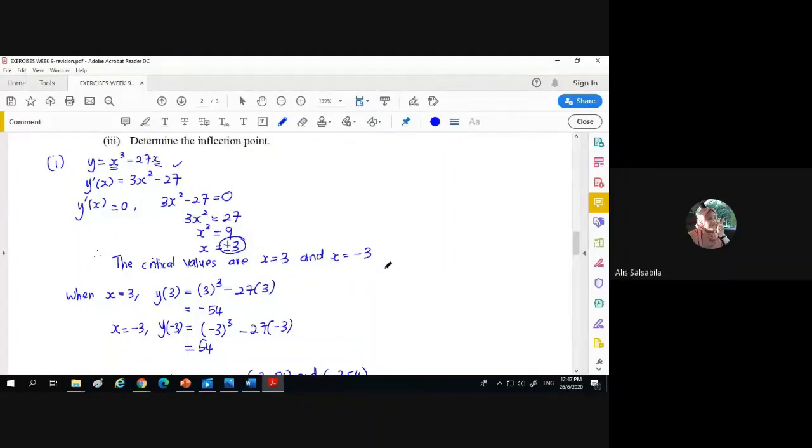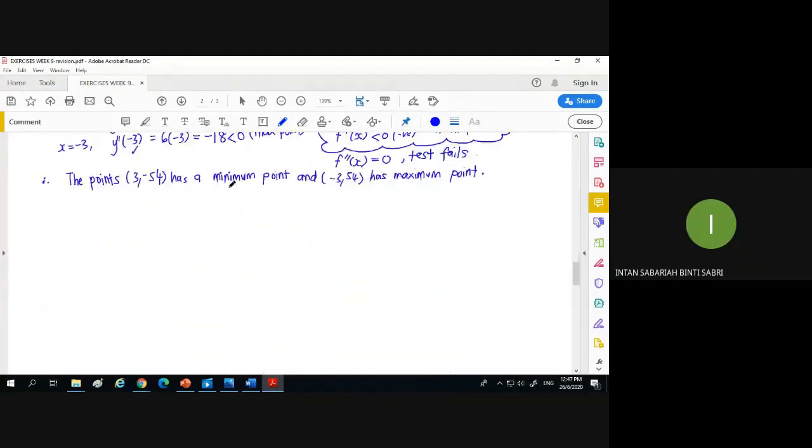And next adalah determine the inflection point. Okay, so saya dah terangkan inflection tu adalah turning point. Mungkin daripada maximum to minimum or minimum to maximum. Dia ada dua lah. Dia turning point, kita panggil dia inflection point.